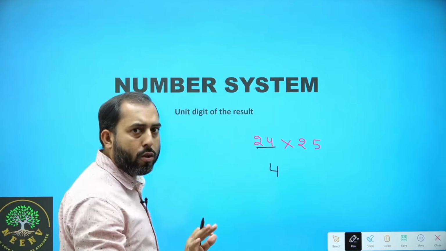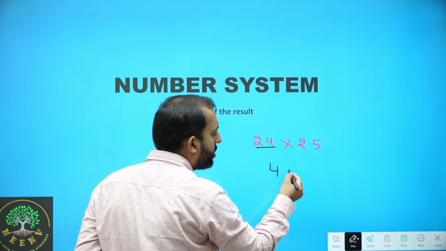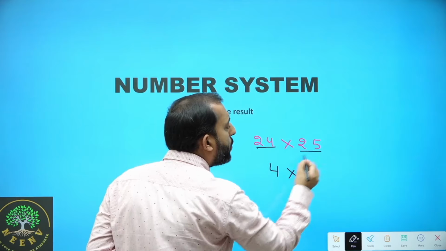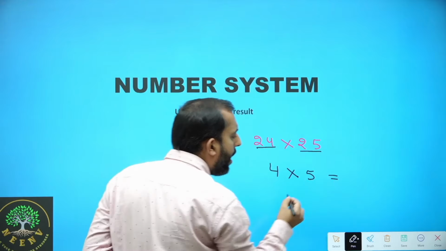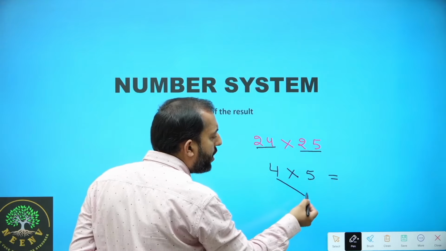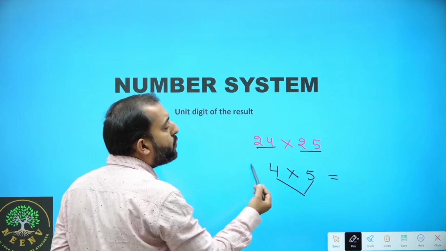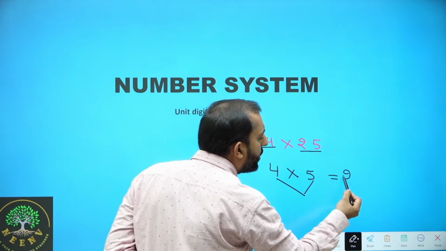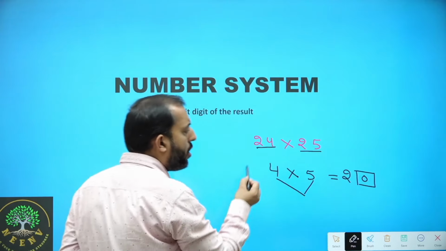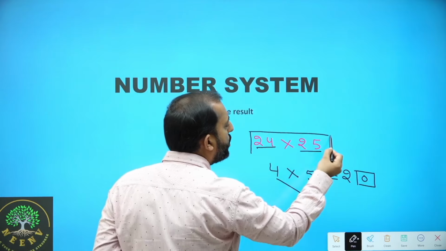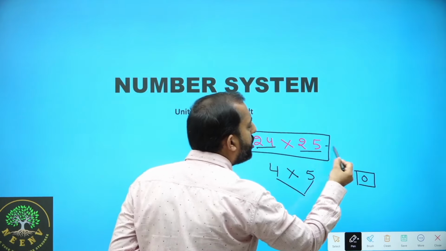So, pick 4 only. Then the sign is product. Then from 25, pick 5 only. The unit digit is 5. Hence, if you do 4 into 5, your answer is 20. Now the unit digit of 20 is 0. Hence, the unit digit of 24 into 25 should be 0.